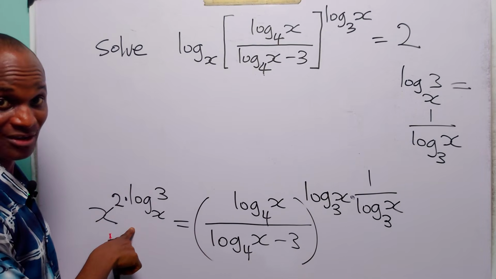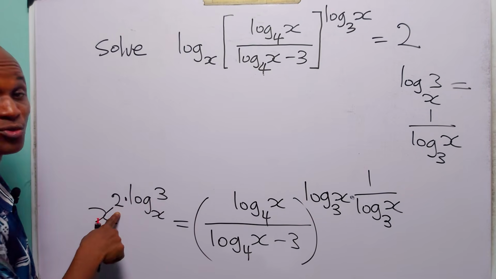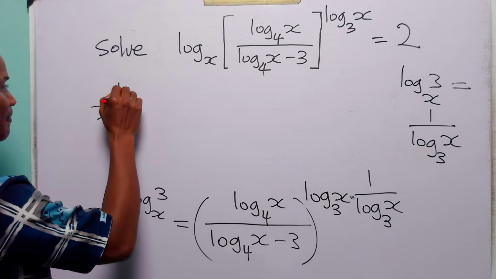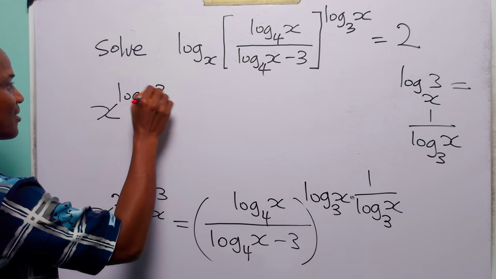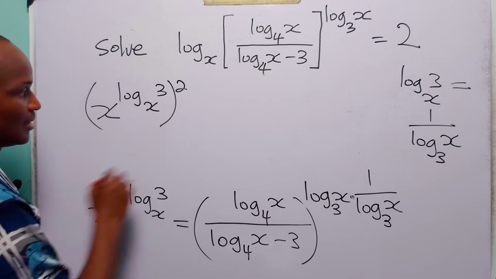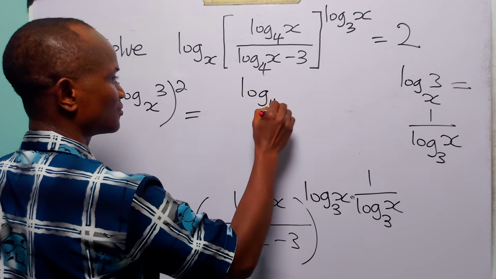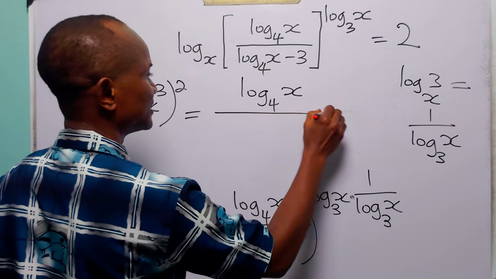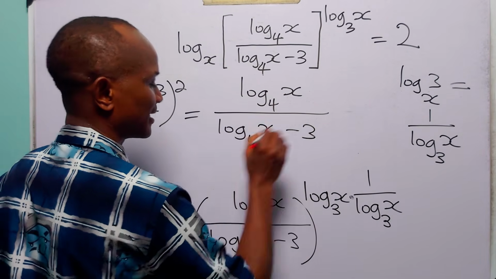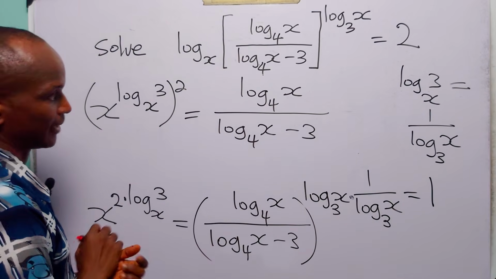Now, on the left-hand side of the equation, we will switch the places of these two powers. When we do that, we have x to the power log to base x of 3, all squared. And on the right-hand side, we now have log to base 4 of x divided by log to base 4 of x minus 3, because everything here is now equal to 1.